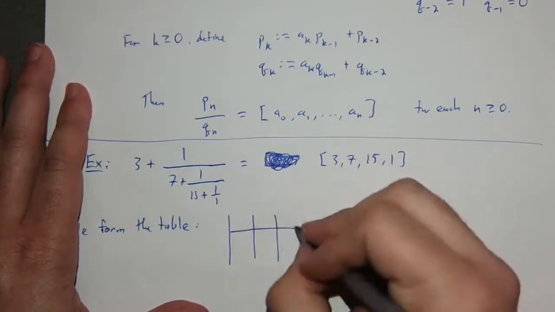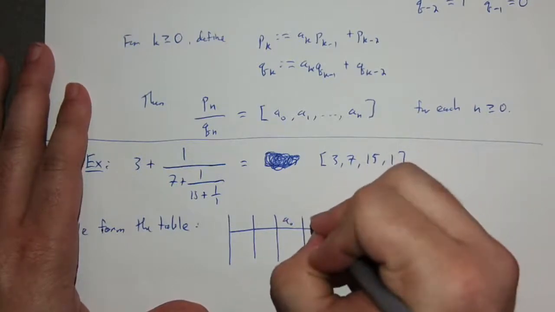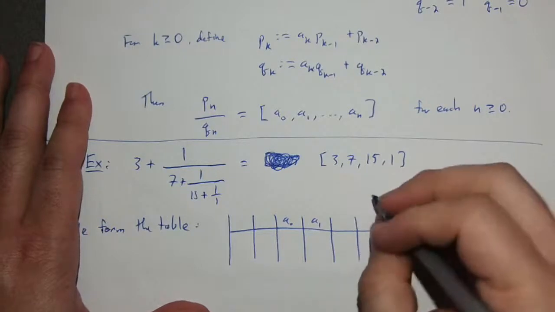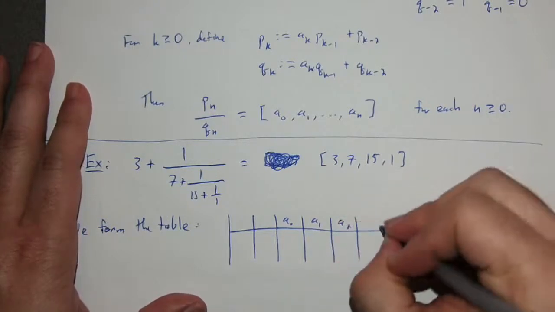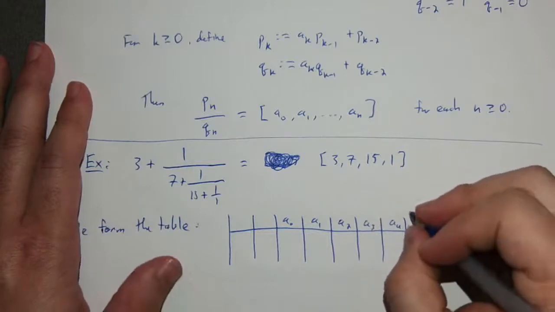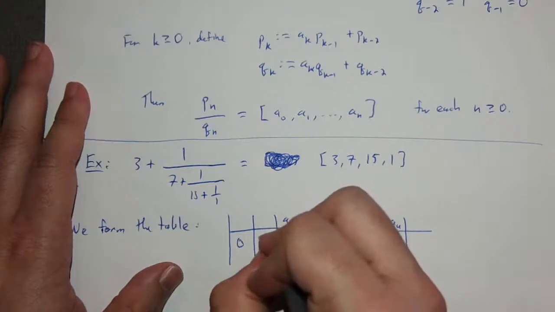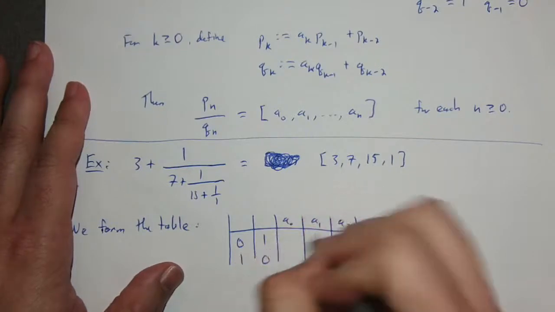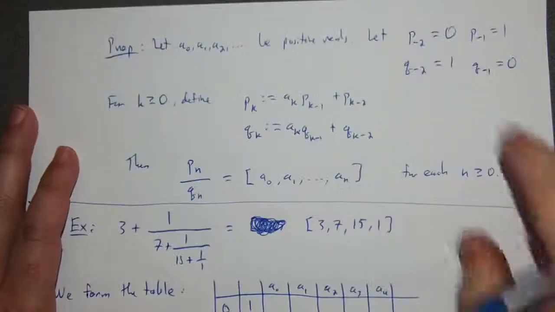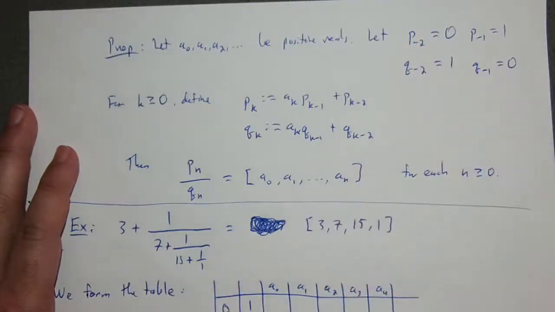So these two entries are blank. Here is A naught, A1, A2, A3, A sub 4, and so on. Then I fill out the initialization quantities for P and Q. So this is the statement of P sub minus 2 is 0, P sub minus 1 is 1.